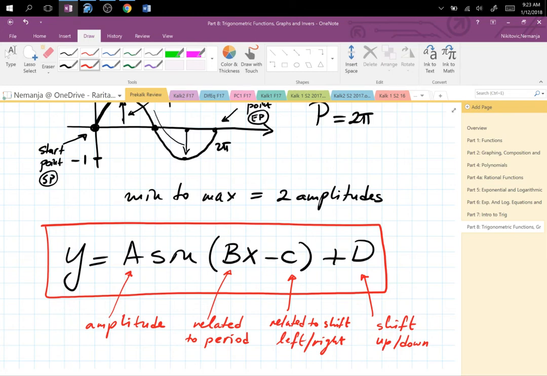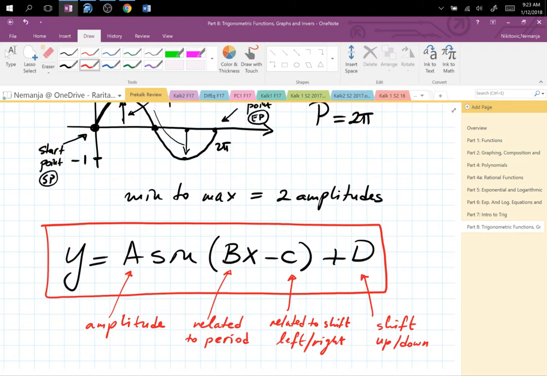You've seen all of the features of this formula before, though we didn't label it this way. You can also put plus and minus in front of A, which will give us the flip on the x-axis, because there will be minus sign on y, which is the x-axis reflection.